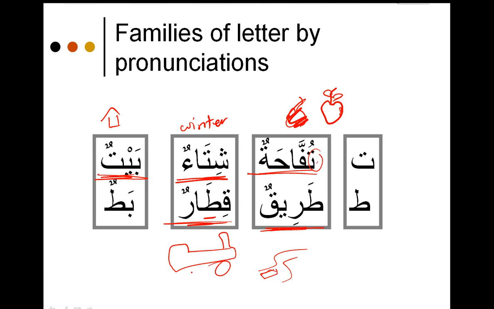And the last one is بط, بط. That's a duck. So quack quack. So تفاحة, شتاء, بيت, طريق, قطار, بط.